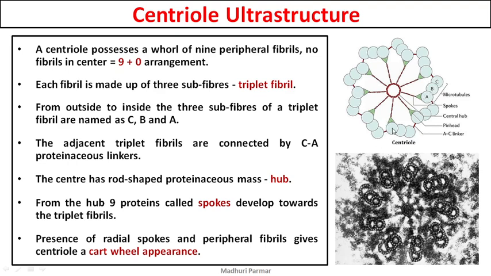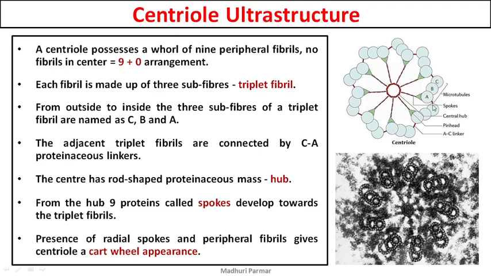The adjacent triplet fibers are connected by AC proteinaceous linkers. Each fibril is attached to the next one through an AC linker, because if you notice carefully, it links the C subfiber of one triplet and the A fiber of the second triplet.